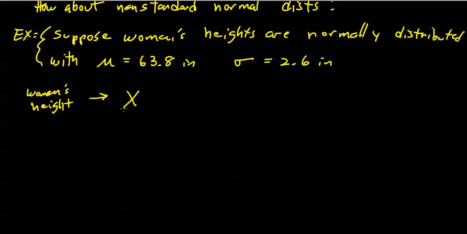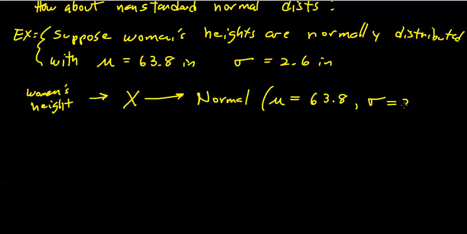Now, x will represent the height of all adult women of all time, and we are claiming those heights are normally distributed with a mean not of 0 but of 63.8 inches and a standard deviation of 2.6 inches. This is my preferred notation for describing a non-standard normal distribution.